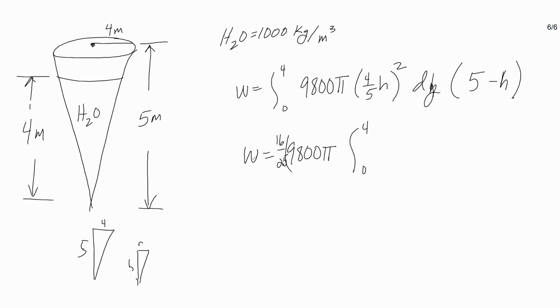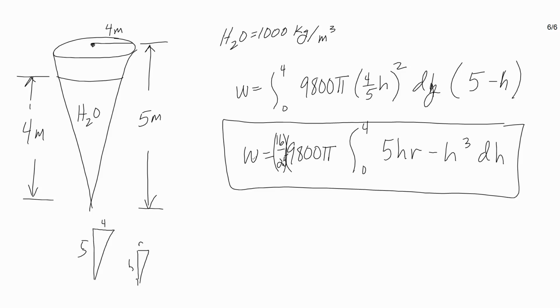Pull that out. And that leaves you with 5H squared minus H to the third dH. That's what I got. Okay?